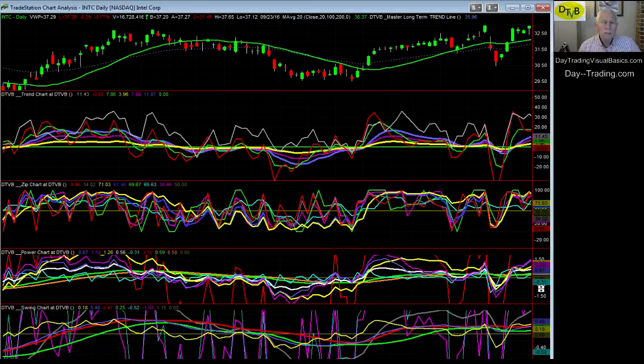So we're not trying to use the swing blue for a trend change or a cycle change. Swing yellow works better, but again, there are other things that alert us to changes in cycles much sooner than swing blue or swing yellow.